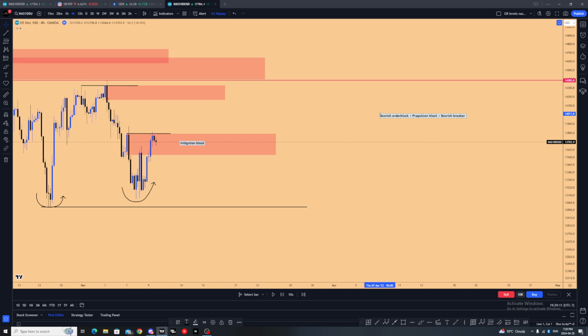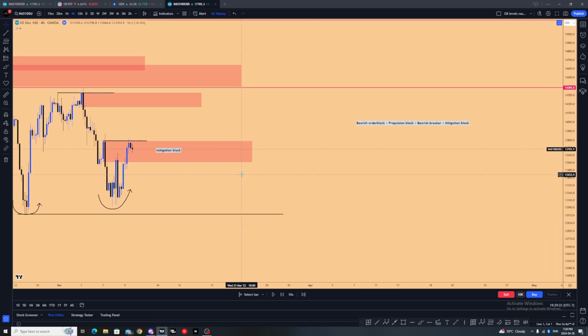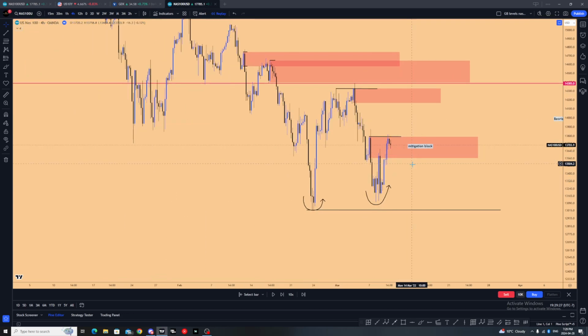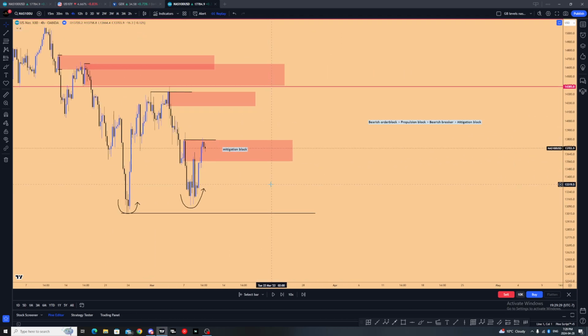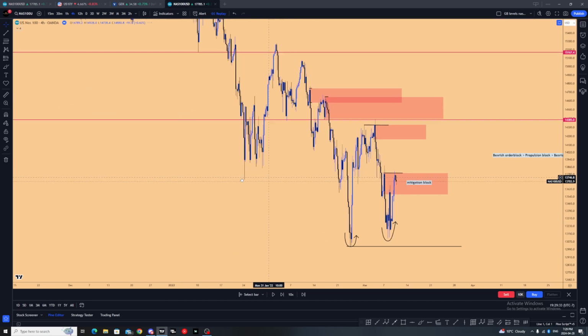Then lowest is mitigation block in terms of severity. So what would be a bearish breaker? A bearish breaker would be where a bullish order block has been flipped, and you're coming down to like a test. Okay, I'll have to show you an example to give you some perspective on that.